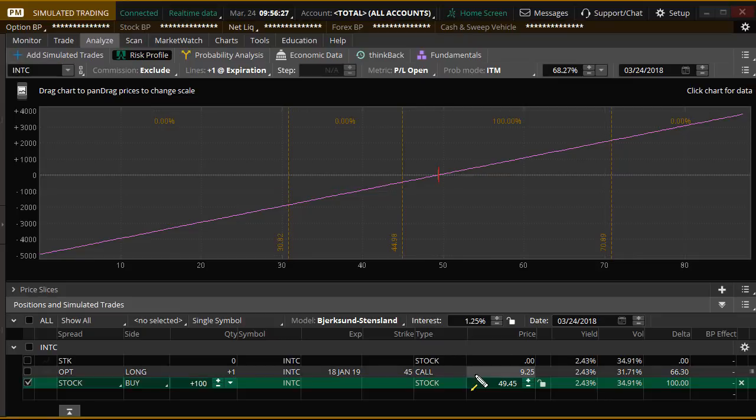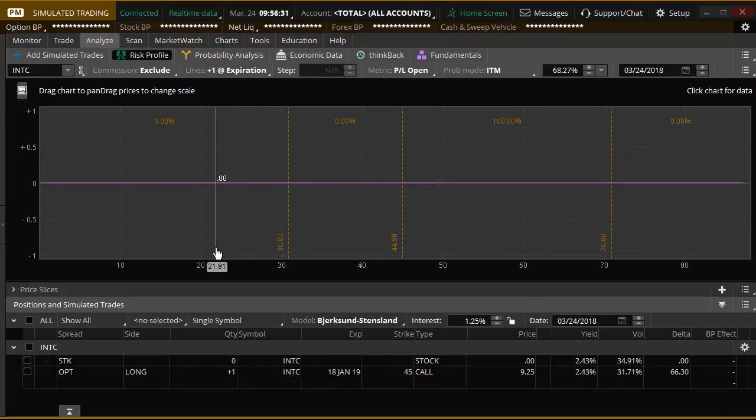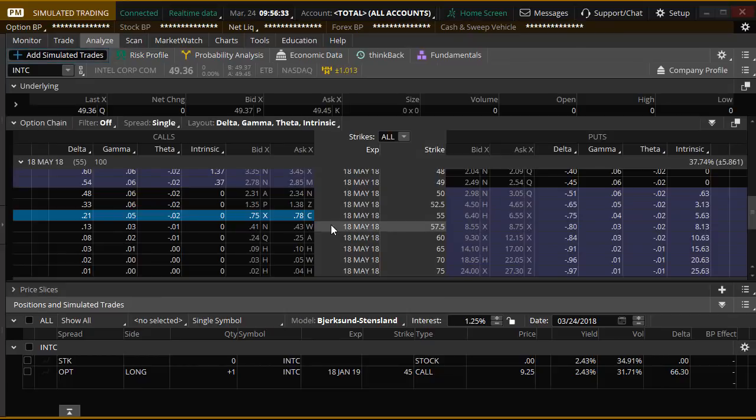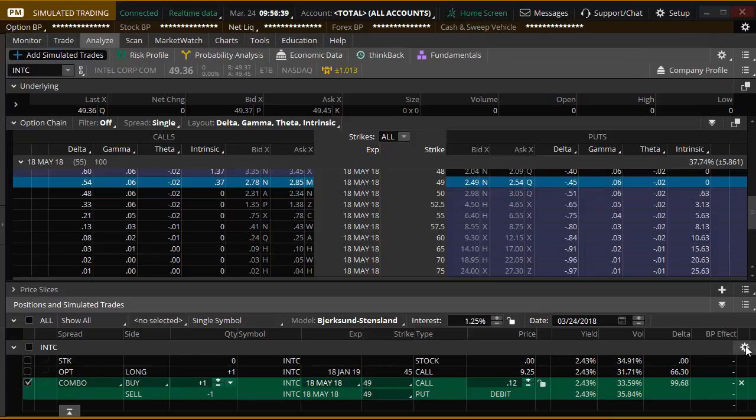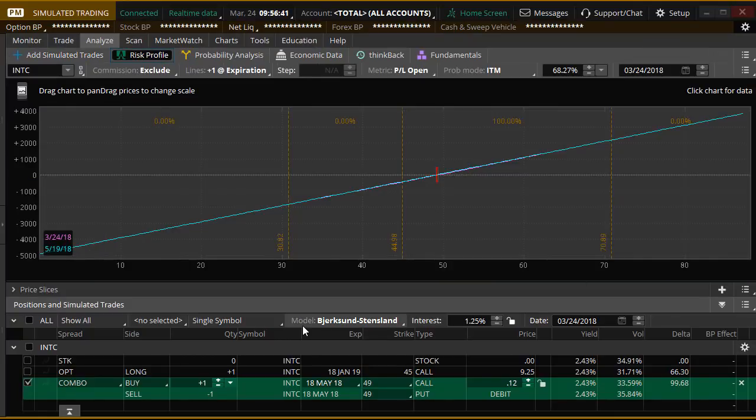Maximum loss. So if I compare that to any other trade, let's take a look at a synthetic long position. It's identical to the stock trade. How can I protect myself in this position? Well, I can do a couple things.